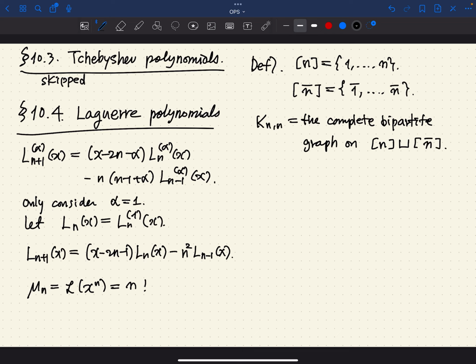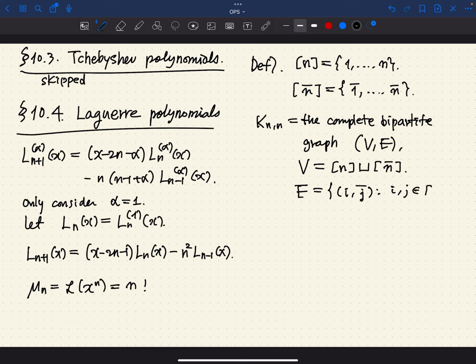So we have two n elements, and of course I have to define the graph G where the vertex set is this and the edge set is, you just connect every i and j bar for i, j both 1 up to n.